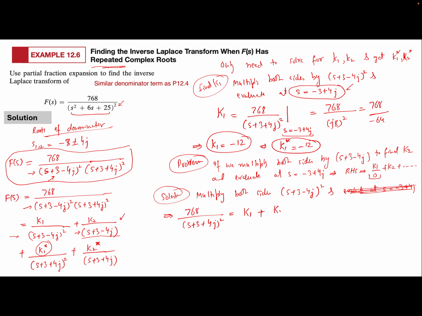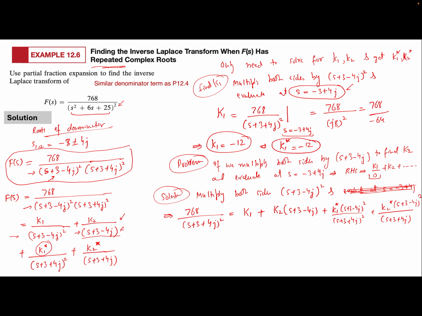Then you're going to be left with k2 times s plus 3 minus 4j. And of course there was one term in the denominator, so that will be cancelled, plus let's say k1 prime times s plus 3 minus 4j whole square over s plus 3 plus 4j whole square, and then you're going to have a k2 prime over here as well, times s plus 3 minus 4j whole square over s plus 3 plus 4j.